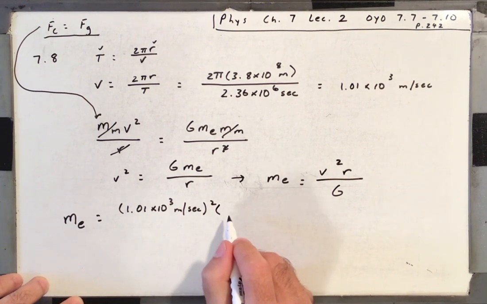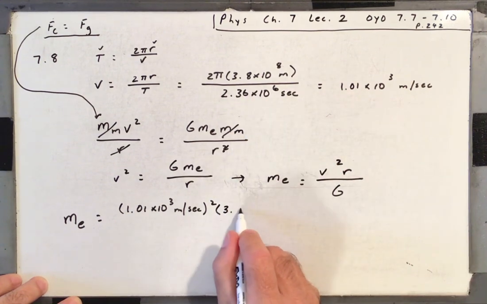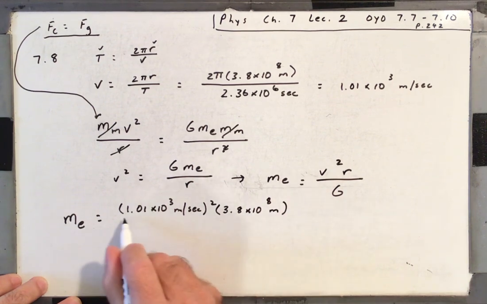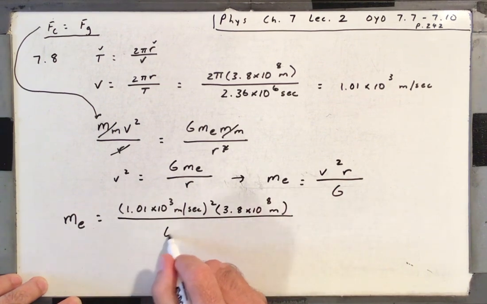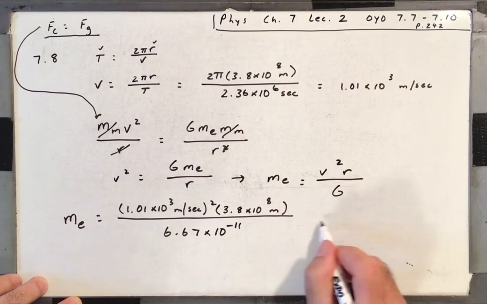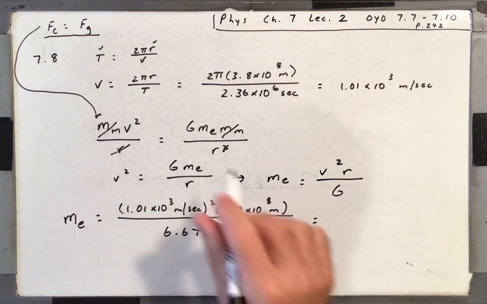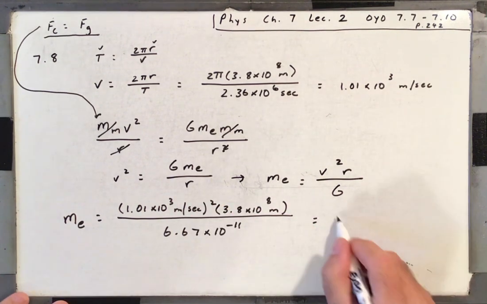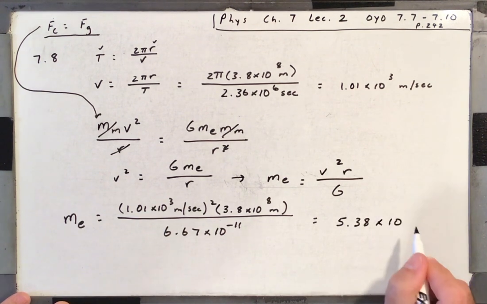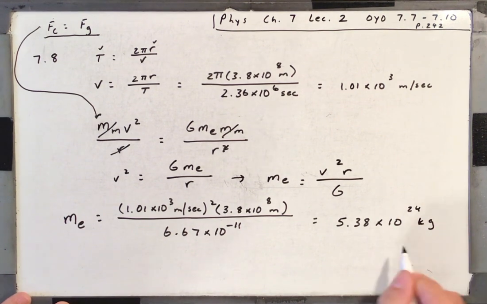Times the radius, that's 3.8 times 10 to the 8th, over G, 6.67 times 10 to the minus 11 newton meters squared per kilogram squared. All right, and I won't put this one in my calculator since we did that on the last one, but that's going to be 5.38 times 10 to the 24th kilograms.